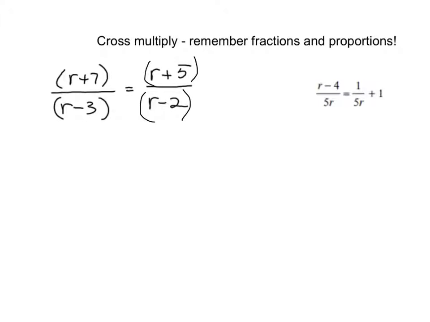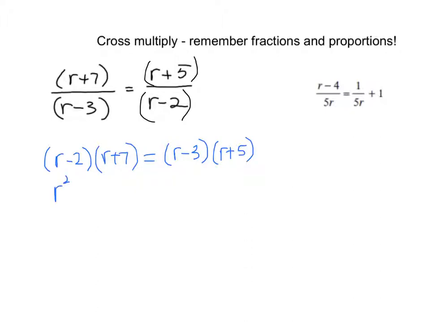So on this one, you would have r minus 2 times r plus 7 equals r minus 3 times r plus 5. And then when you multiply that out, you would have r squared plus 7r minus 2r minus 14 equals r squared plus 5r minus 3r minus 15.